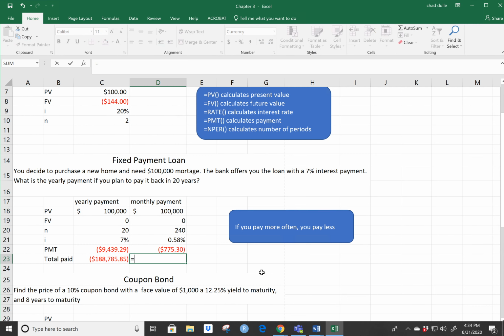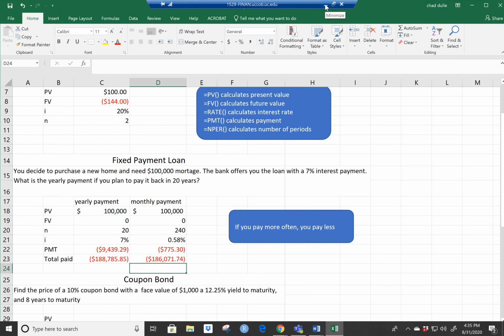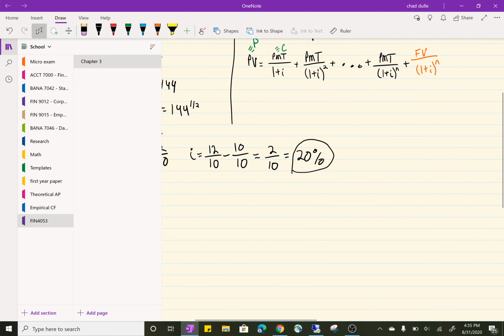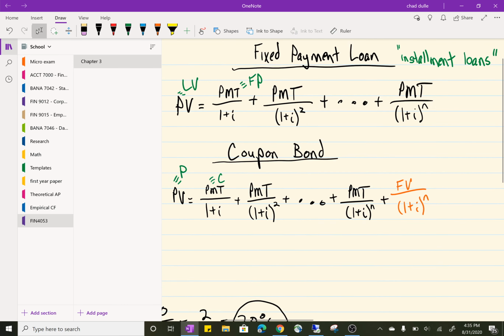Now let's see what you pay total. So it's this monthly payment times the 240 months. You pay $186,000, so you actually pay less. And the way that's working is because you're effectively giving the interest less time to accumulate. Here in the book, they give you this formula.